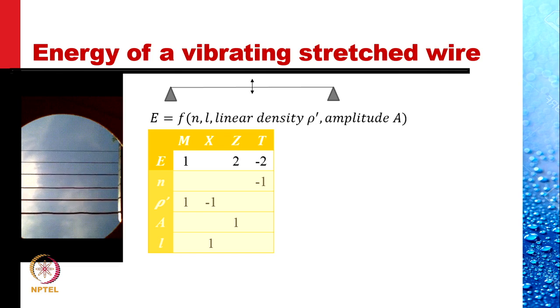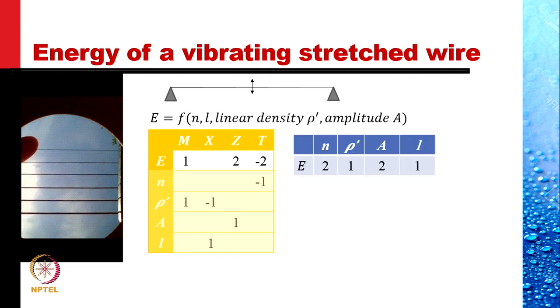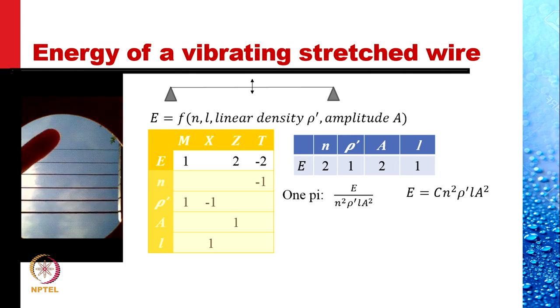With this, we can write the dimension of E in terms of n, rho prime, a and l, and they turn out to be n2, rho prime 1, a2 and l1, so that there is only one pi that is formed, E divided by n square rho prime l a square.